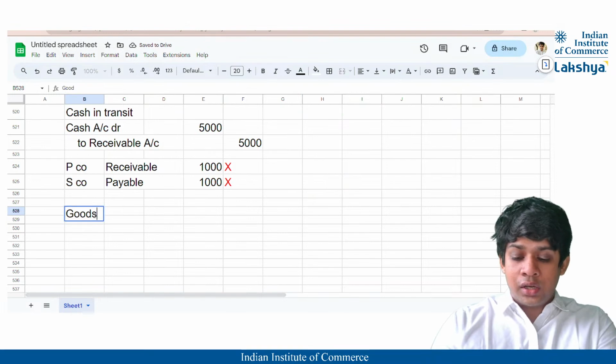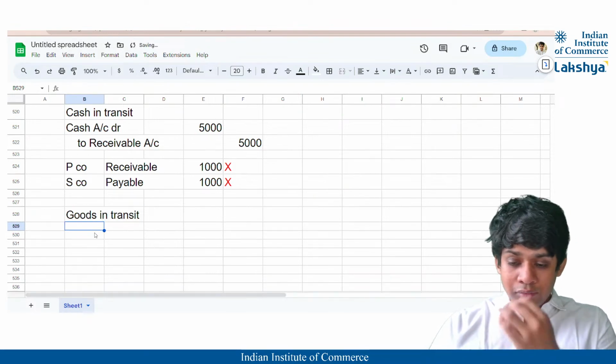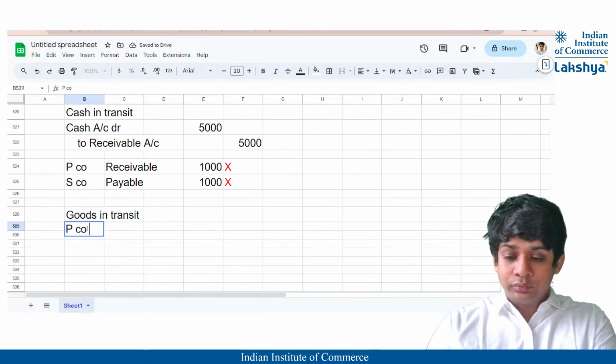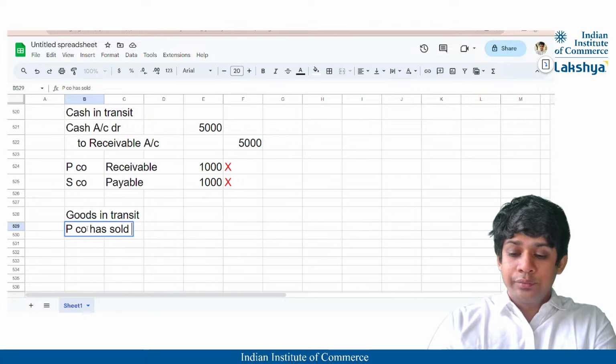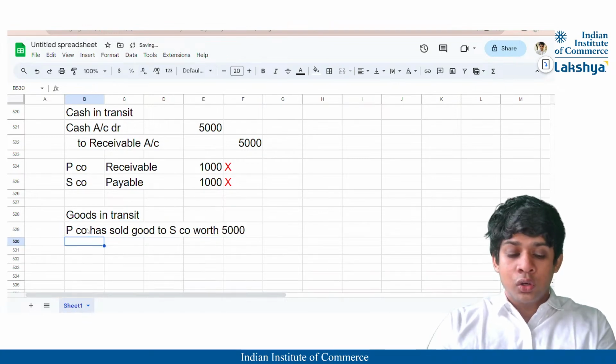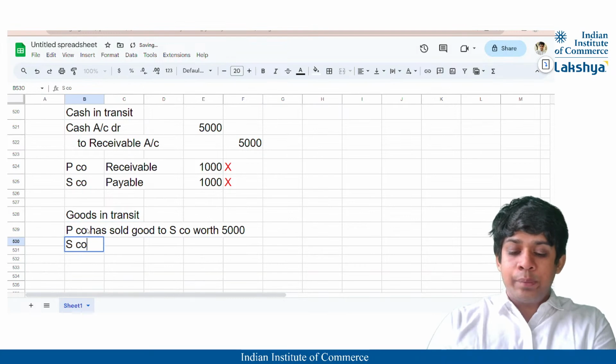Also, there is goods in transit. Maybe say the parent company has sold goods to the subsidiary company worth 5,000, but the subsidiary company has still not received it.